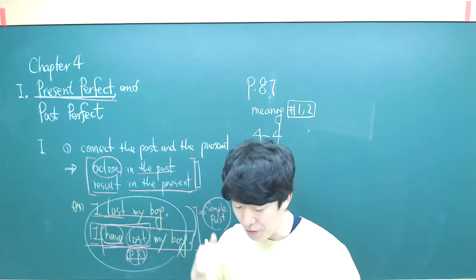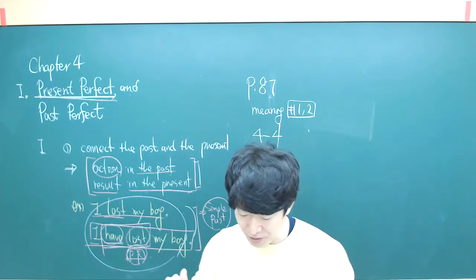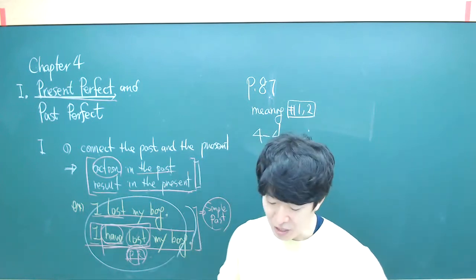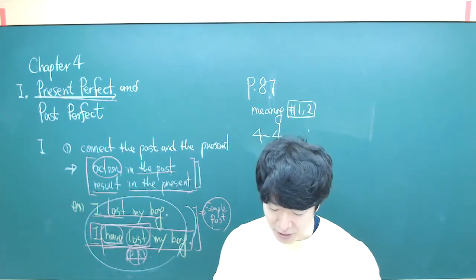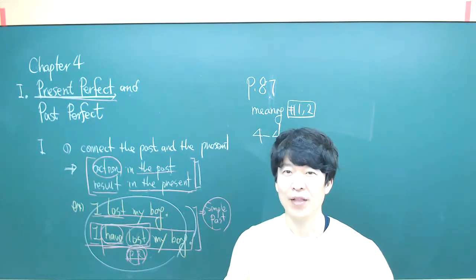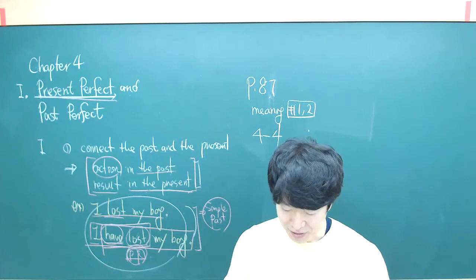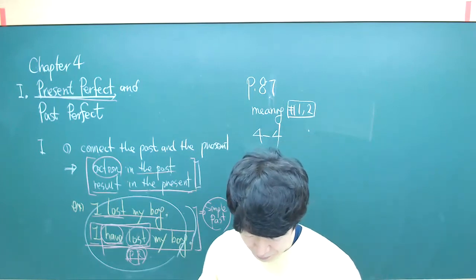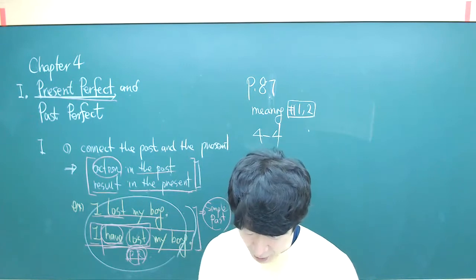I have already finished my work. I have finished, present perfect, and it occurred in the past at an unspecified time. We don't know when it happened. That's the difference. And let's look at the second box.